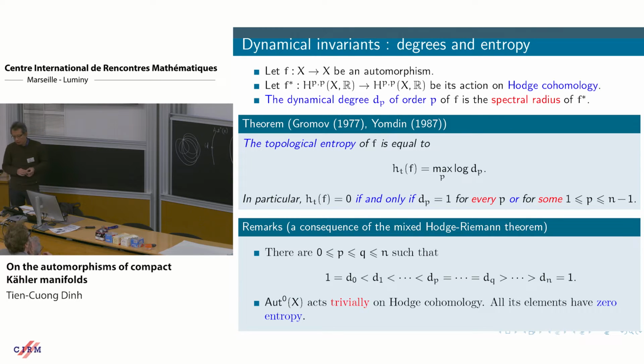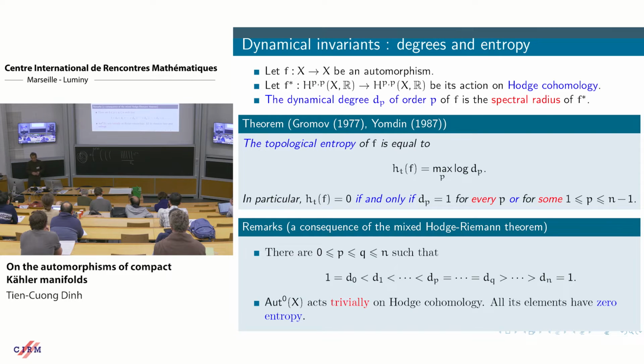It's the dynamical degree, so it's quite easy to compute or estimate. Topological entropy is in general difficult to compute. It turns out that in this setting, due to Gromov and Dinh, we know that the topological entropy is equal to the algebraic entropy. So you just take the maximum of log d_p, and this gives you the topological entropy. It's very surprising.